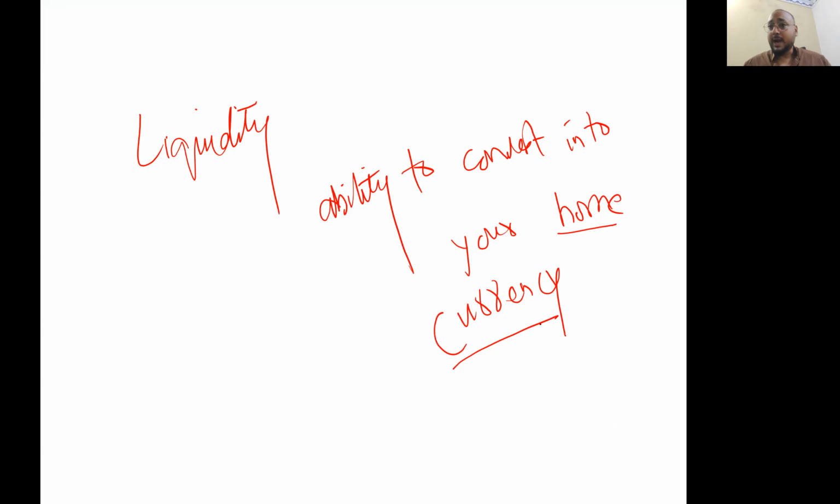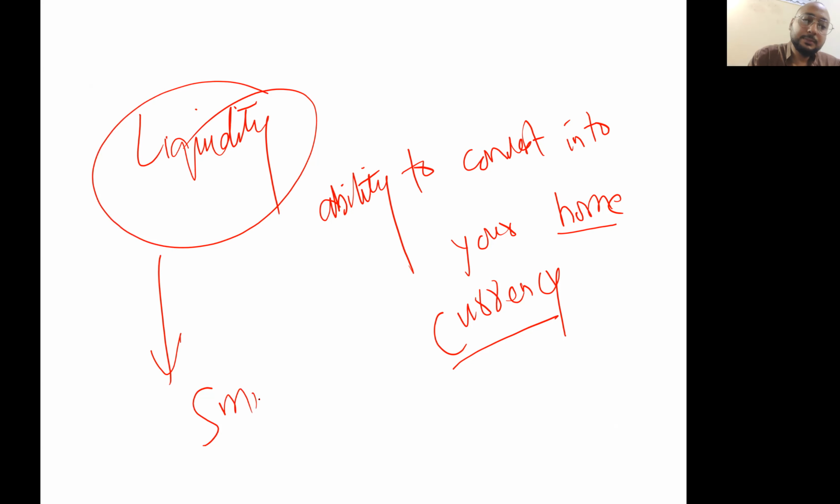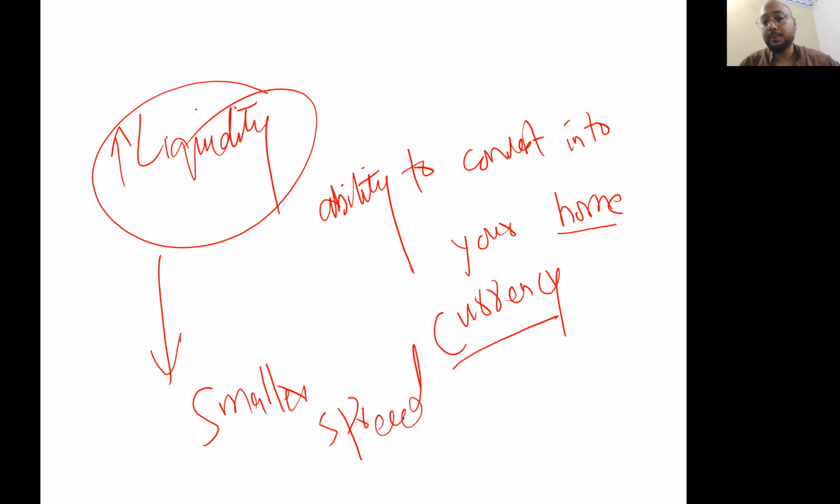So if there are many buyers and many sellers, then it is easy to sell and buy. So high liquidity means smaller spread, right? For example, you can take examples from your home business or a nearby business.